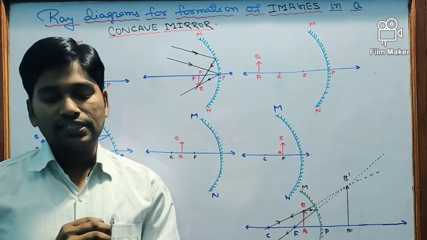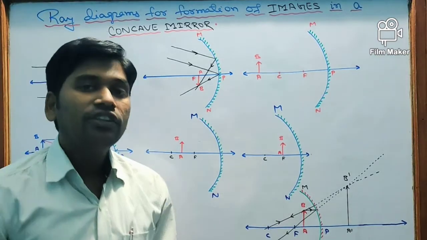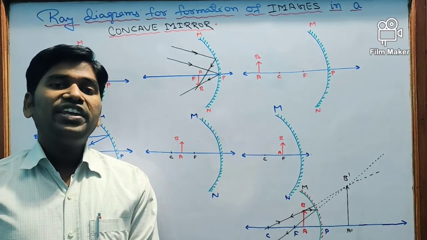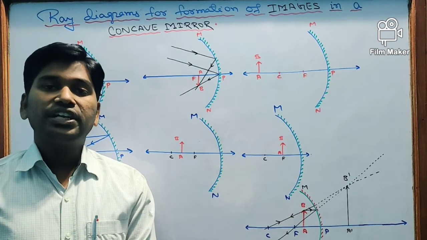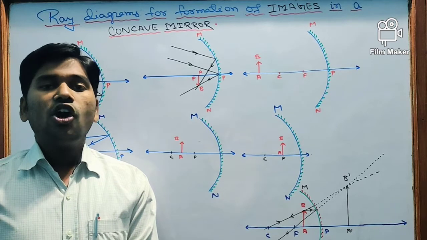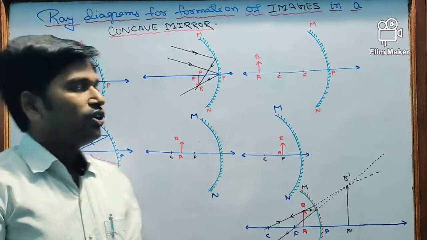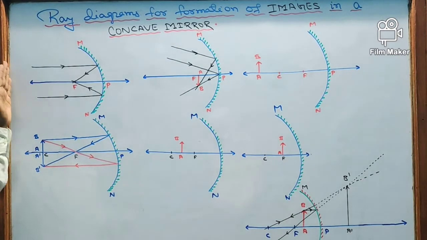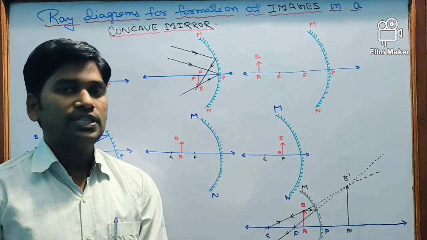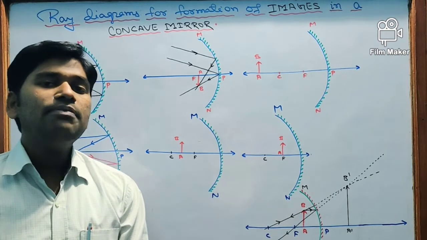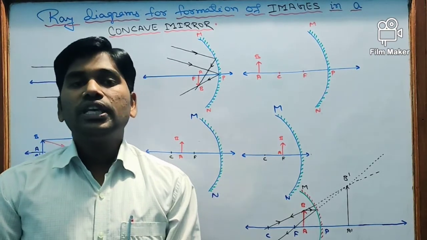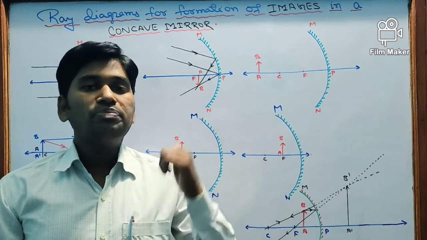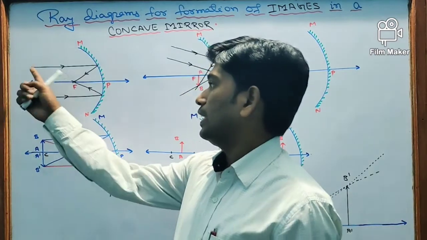So let us start. In this, first we will see when the object is very far from the mirror, that is, let the object be at infinity. When the object is at infinity, the rays seem to come parallel to the principal axis. As we have studied, we can use any two convenient rays for obtaining the image. So let us see in this.